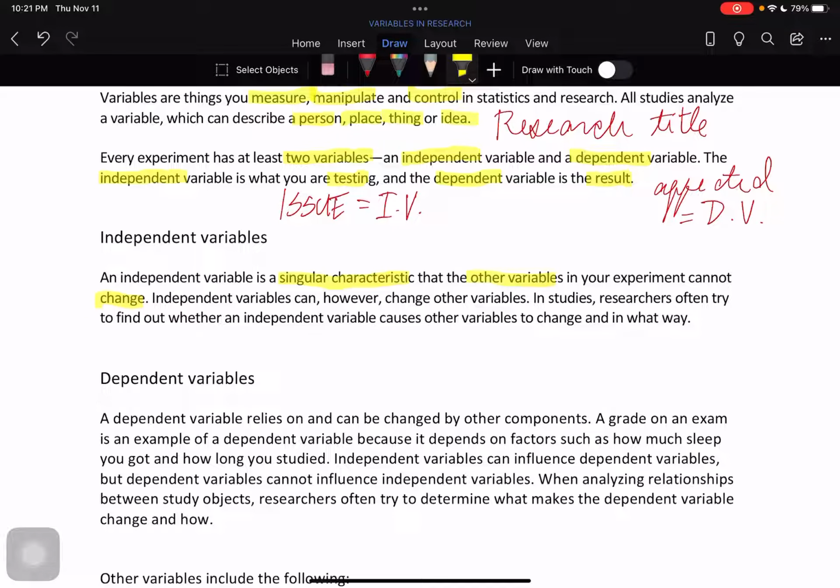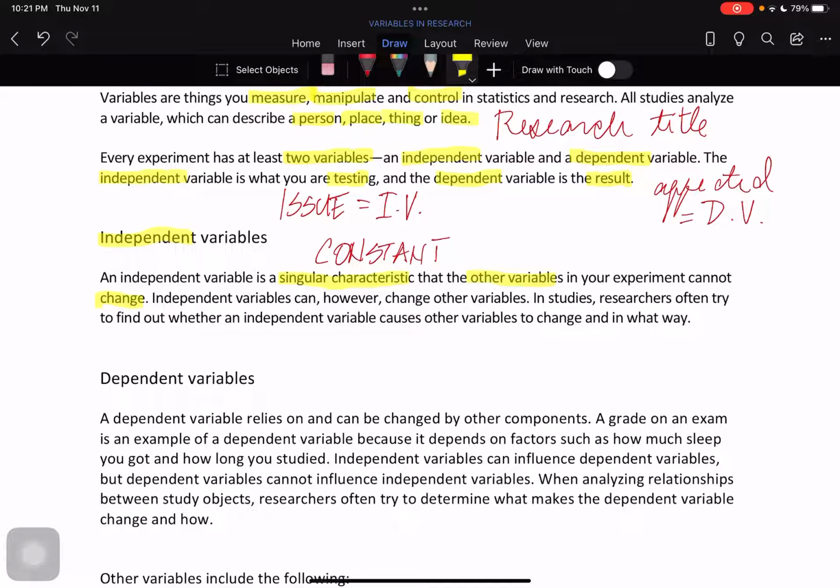Meaning the independent variable is constant. From its characteristic of being independent, it is constant and other variables cannot affect the independent variable.